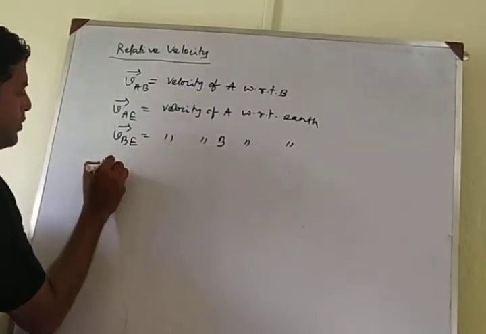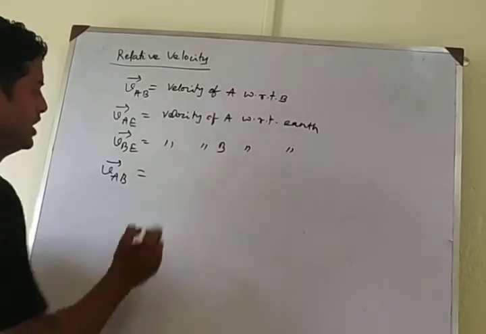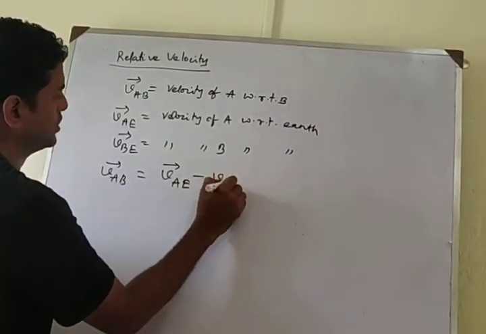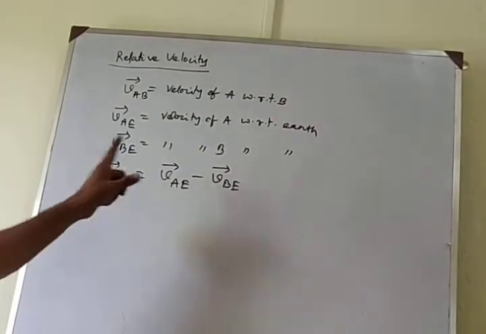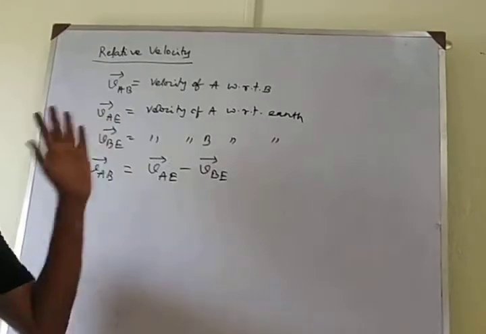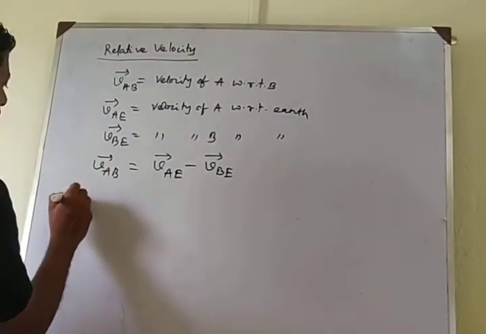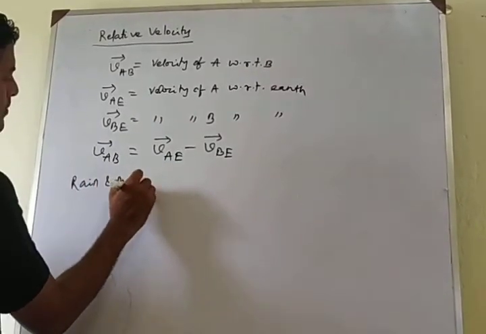The simple formula: V_AB, velocity of A with respect to B, equals velocity of A with respect to earth minus velocity of B with respect to earth. I'll apply this formula with a very famous concept, that is rain and man.